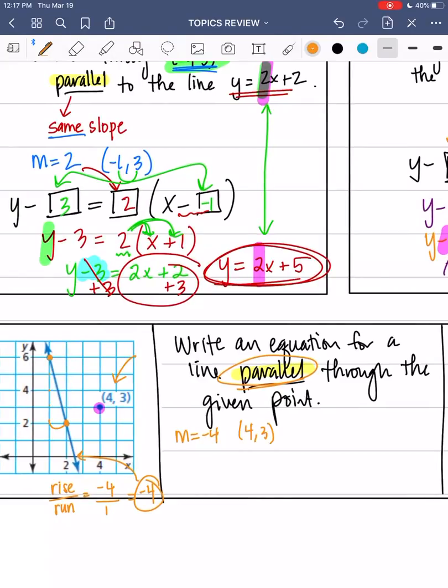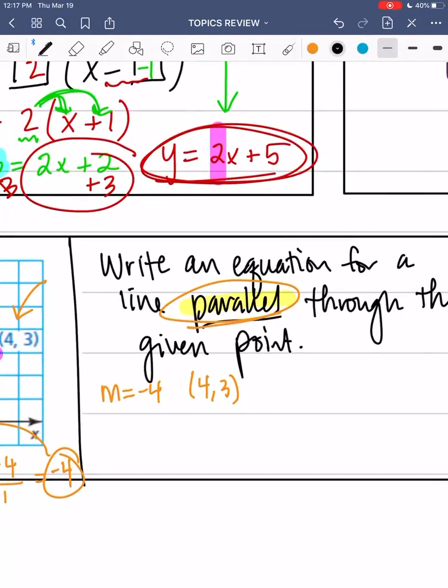Okay, we've done this before. We have to write it in slope intercept, or point slope form. So we have y minus the y number, which is 3, equals the slope, which is negative 4, times x minus the x number, which is 4. Whew. That's a lot.